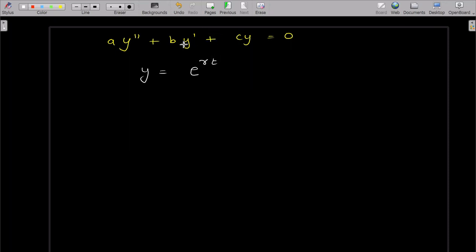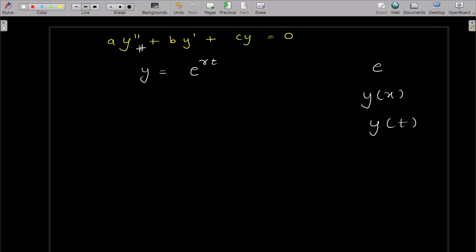Now in second order homogeneous equations, we usually use the variable t instead of x. So far we have been saying that y is a function of x. Now in the case of second order homogeneous equations, we say that y is a function of t.